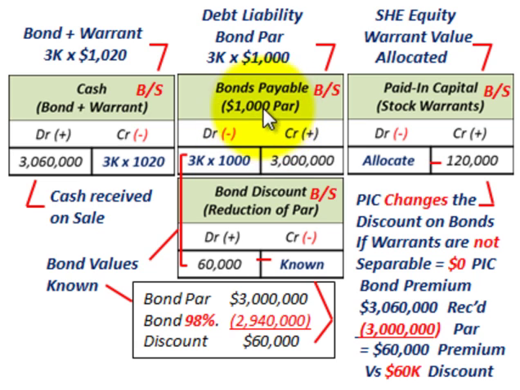The known amounts were for our bonds payable, the par amount, and then based on the par amount and the fact that we knew what the issue price was, or what we could sell that bond for separately after it was sold, then we knew what the discount is. So those are our known amounts. Then the paid-in capital, shareholders' equity, the warrant based on the warrant value, that was the allocated amount of $120,000. So that's how we would take care of it.